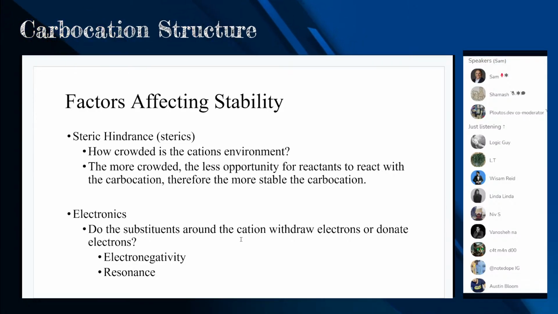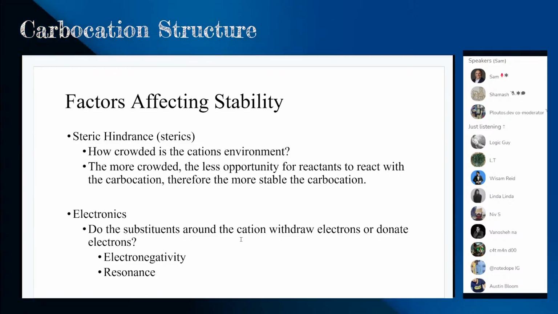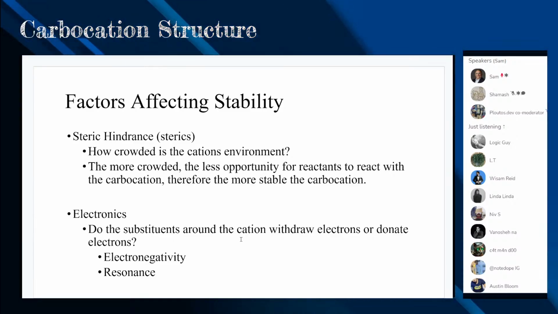And two of the main factors that affect electronics, one is electronegativity, which is the ability of an atom to attract electrons towards it. The more electronegative the atom, the more it attracts electrons towards it.